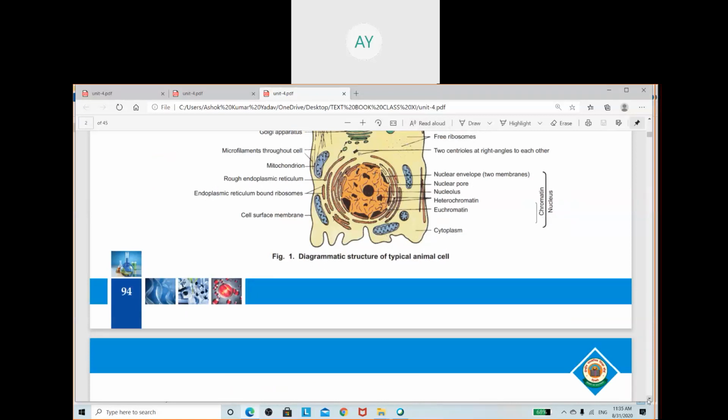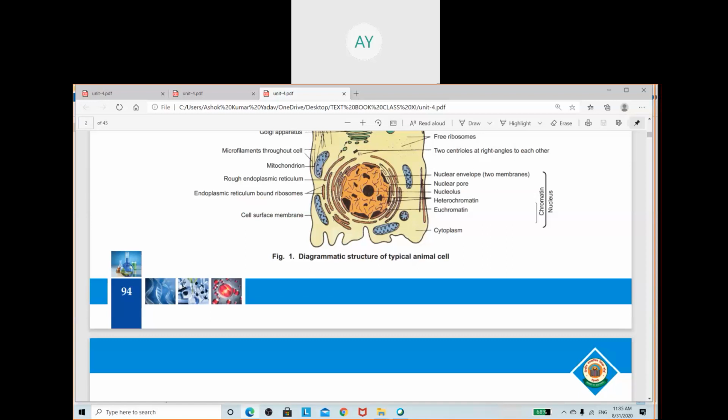If you see a cricket playground, there is a certain boundary. Just like a cricket playground, there is also a boundary in the cell, that is the cell surface membrane, cell membrane or plasma membrane; both are the same. Cell surface membrane, cell membrane, plasma membrane or biomembrane all have the same meaning. So inside the cell membrane, you will find a liquid, that is known as cytoplasm.